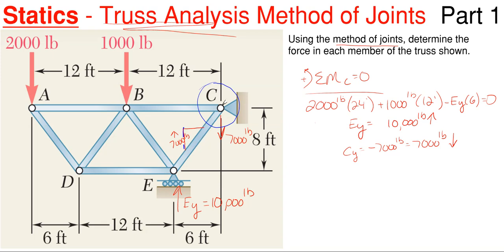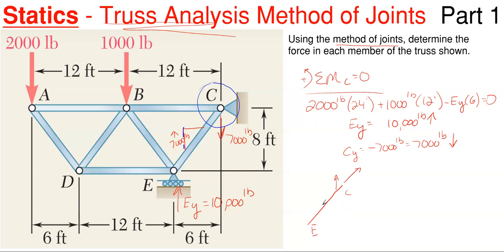Well, what this means is that whenever you have a diagonal and one of your components that you have found is pointing in a certain direction, the other component for that diagonal has to match that general direction. So for example, this is member EC. I just found that the vertical component relative to joint C has to be going upwards. Well, forces for trusses have to align with the direction of that member.